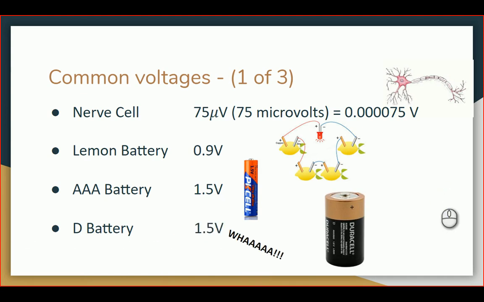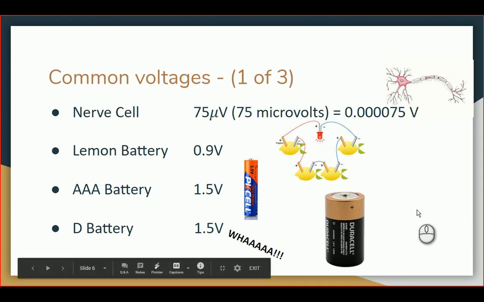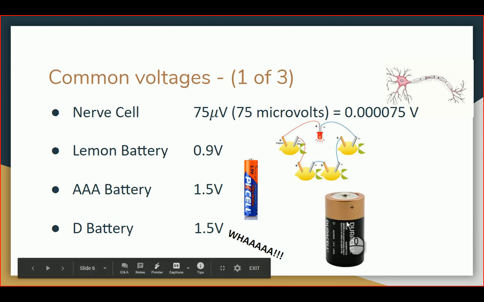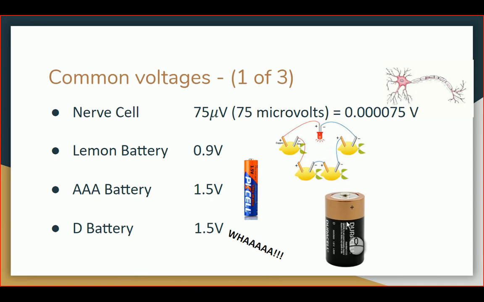And you might be saying, well, if a AAA has 1.5 and a D has 1.5, why do you have different batteries? The reason behind that is how long they last. You could theoretically replace D batteries with AAAs, and they would last for a very short amount of time. The only difference between these two batteries is how much of the material and electrolyte they have in them.